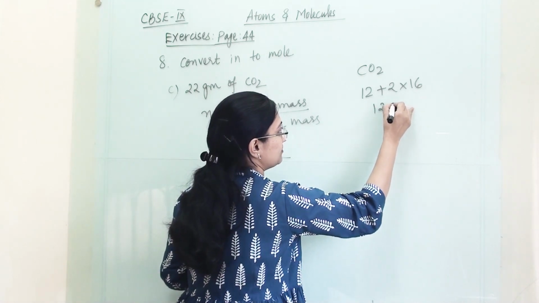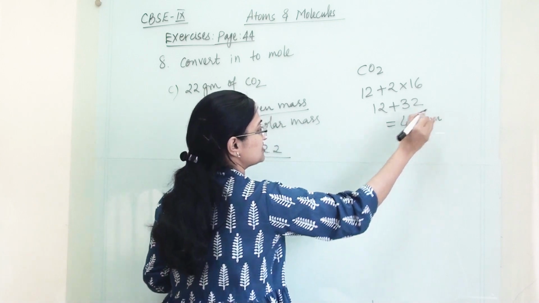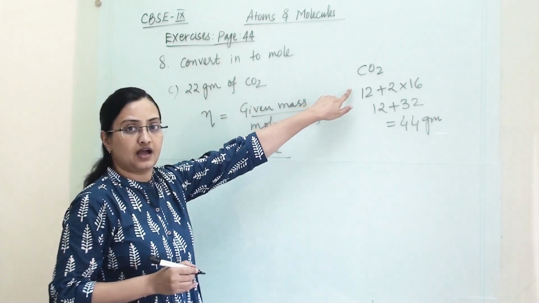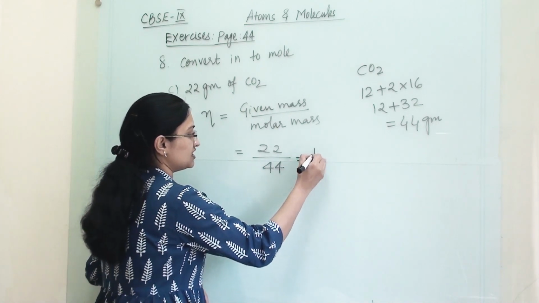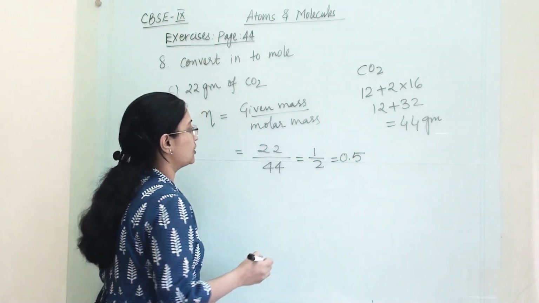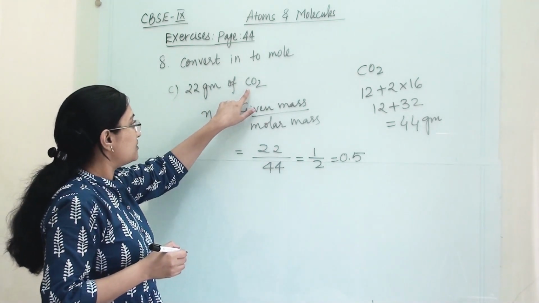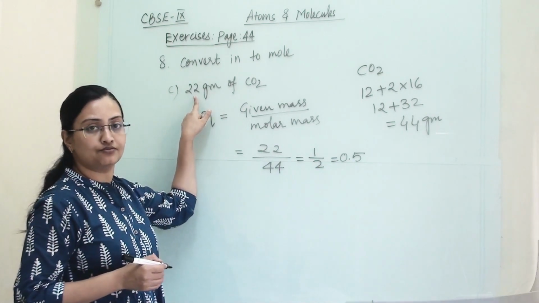So 12 plus 32 equals 44 gram is the molecular weight for carbon dioxide. So here we are going to write 44. So it is 22 divided by 44 equals 0.5 mole. So carbon dioxide's 0.5 mole has 22 gram of weight.